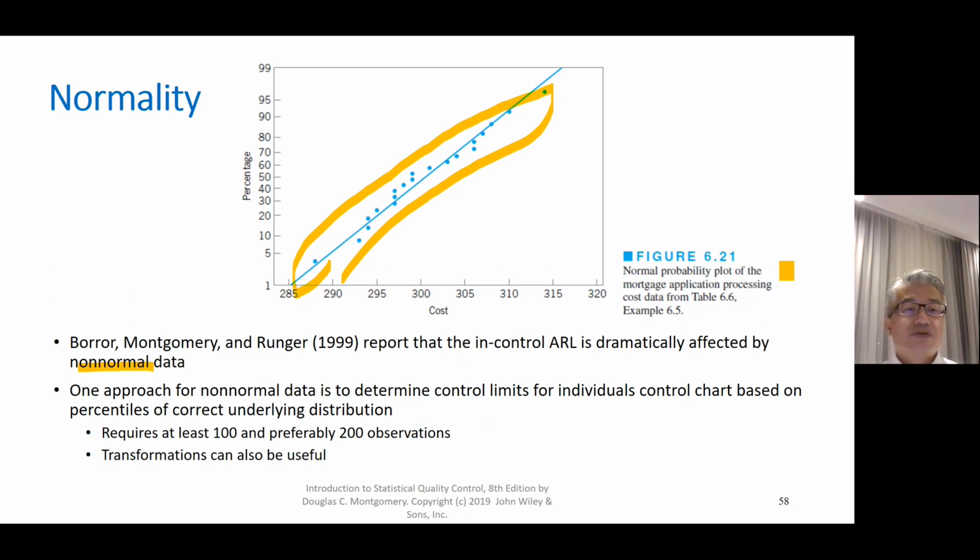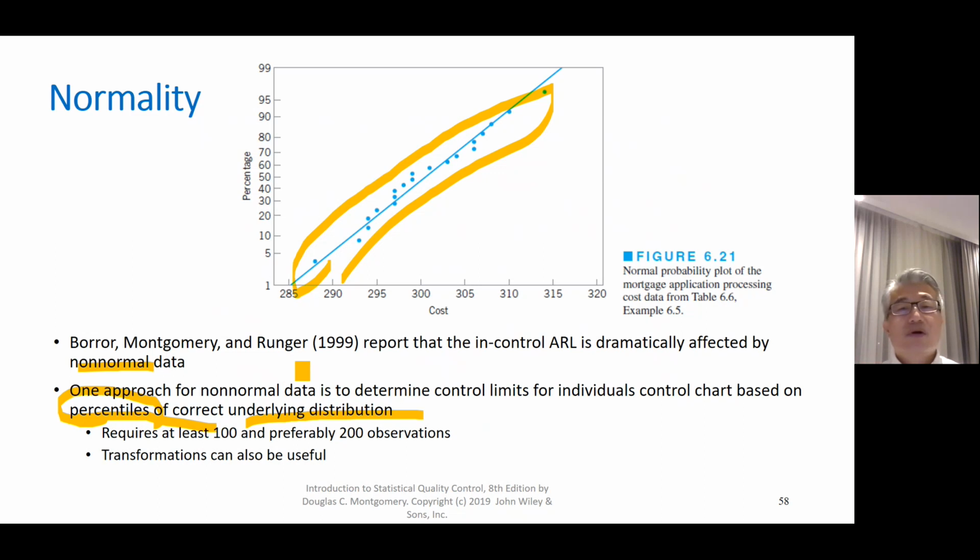One approach for non-normal data is to determine the control limits for the individual control chart based on percentiles of the correct underlying distribution.